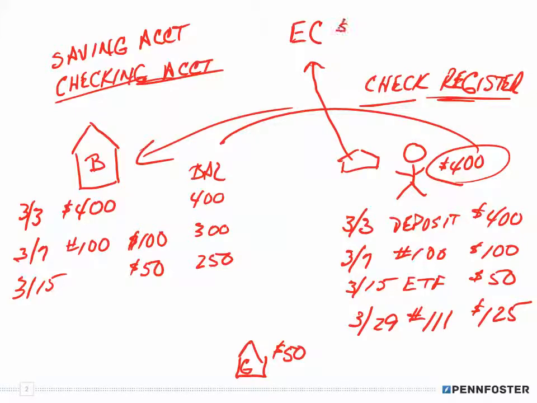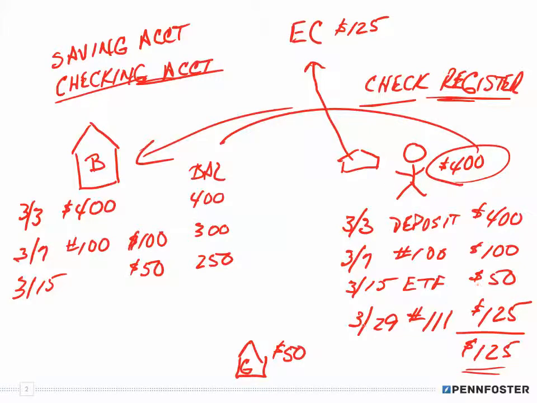So the electric company will get that check for the $125. Now, here's the thing. You write that into your check register, so your balance as of this moment in time ends up being $125. 400 deposit, less 100, that's 300, less 50 for the groceries, that's 250, less the $125 for the check going to the electric company. So the balance in your account is $125 right at this moment in time.